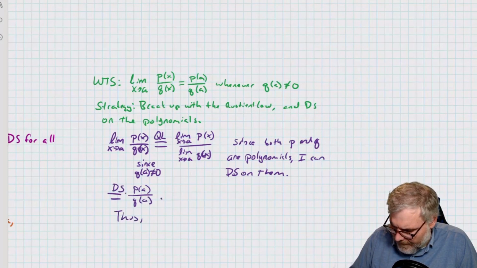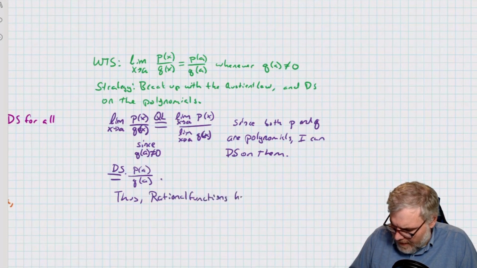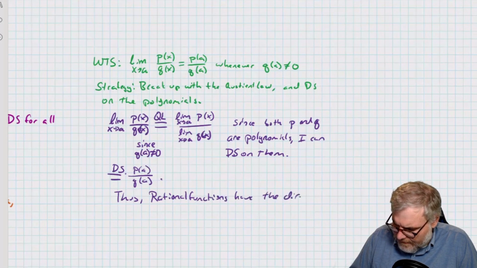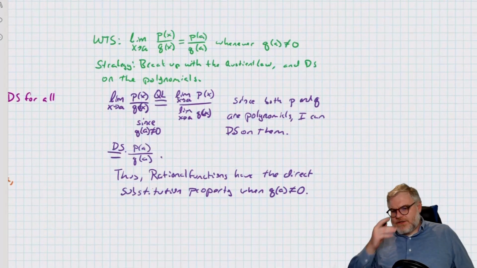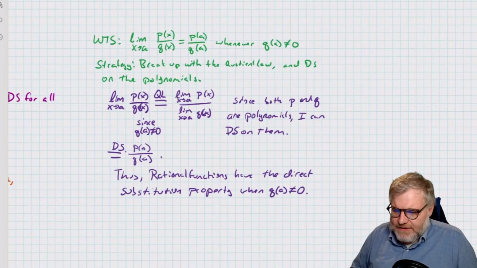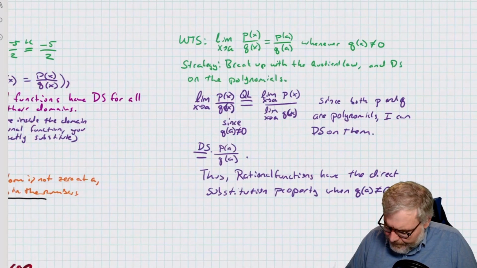Thus, rational functions have the direct substitution property whenever q of a does not equal 0. So it's a very short proof, and that's how you do it.